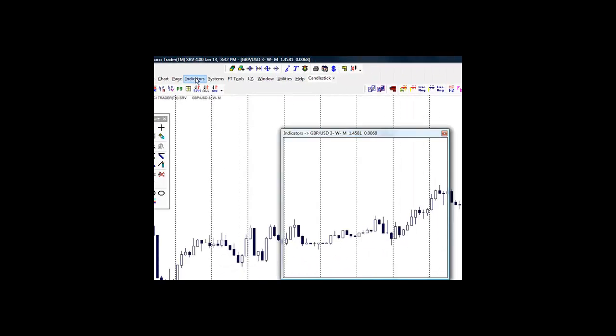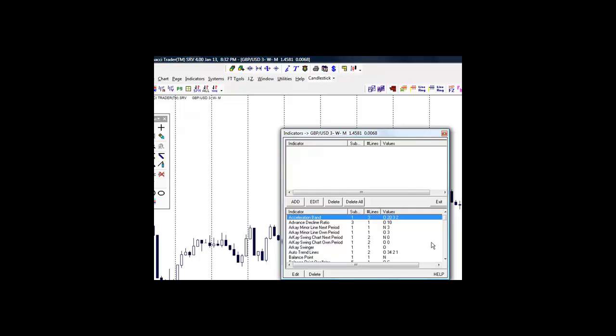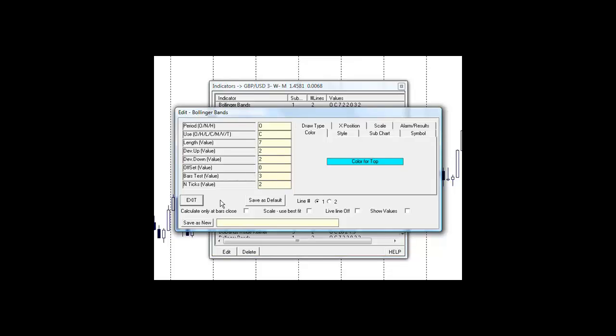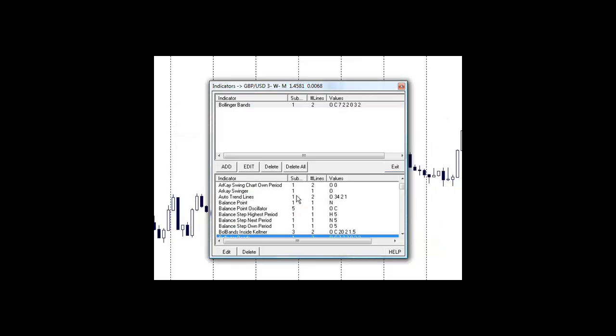So we go to indicators, and we're going to go to Bollinger Bands. Okay, 7 and 2.